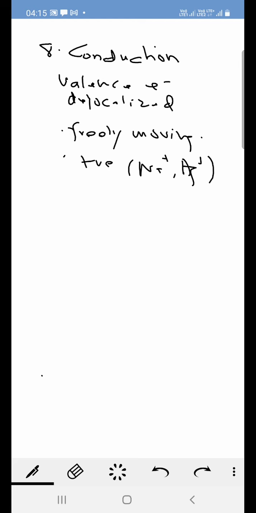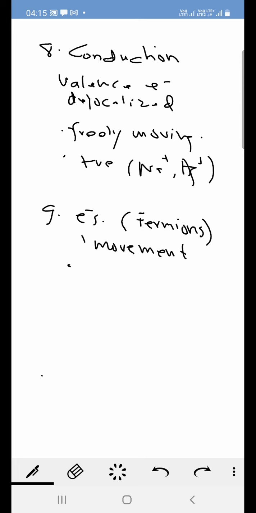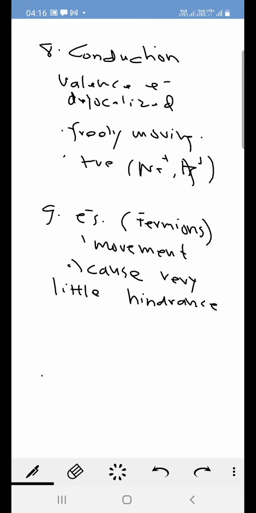Now these electrons are fermions. If you follow their statistics, there is very little hindrance to the electron's momentum.